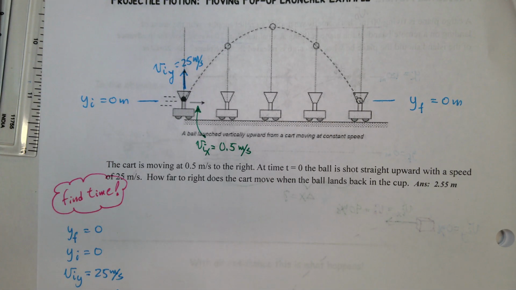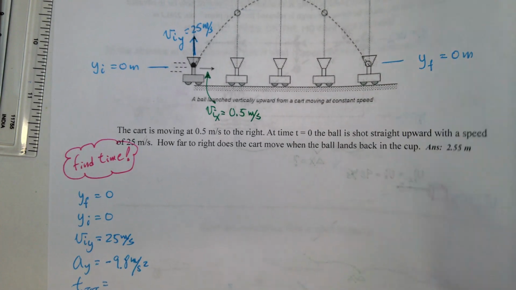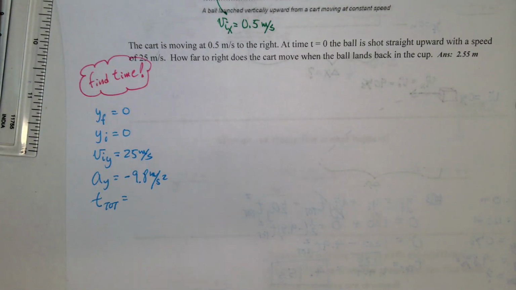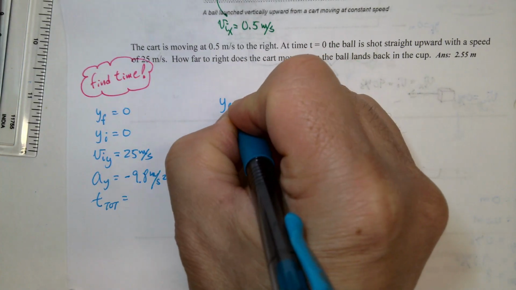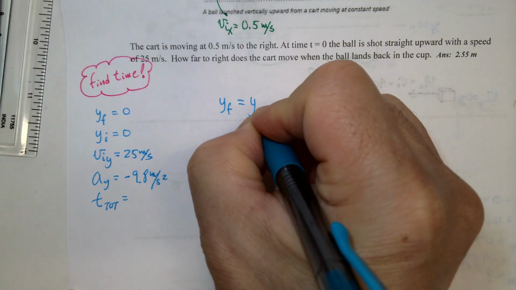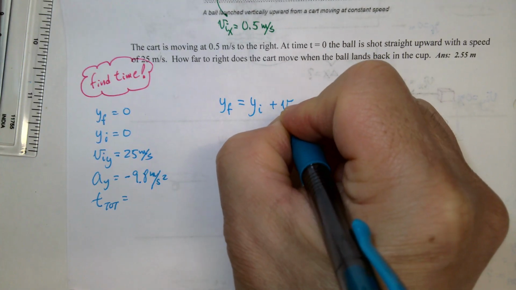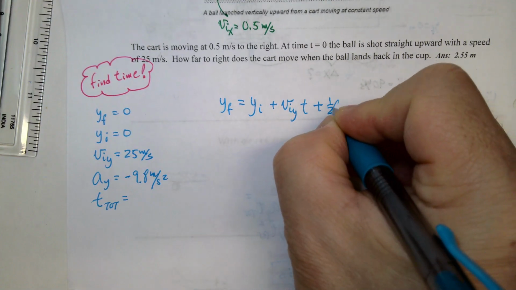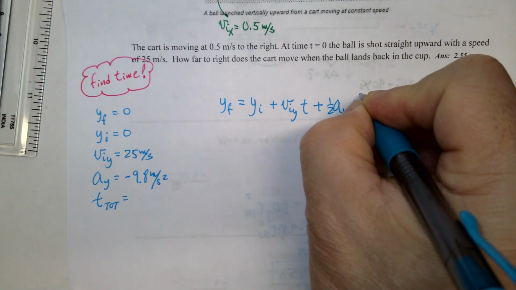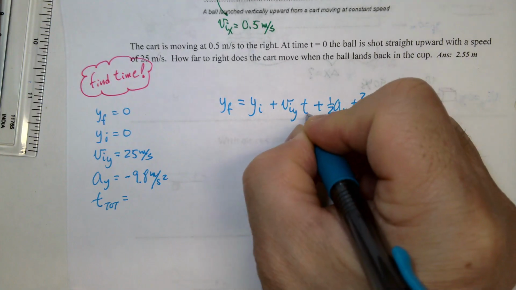Let's look for time that ball stays up in the air. Okay, let's see how much time it takes for ball to go up and come back down. Again, this looks like a nice second equation problem. This is the total time, by the way.